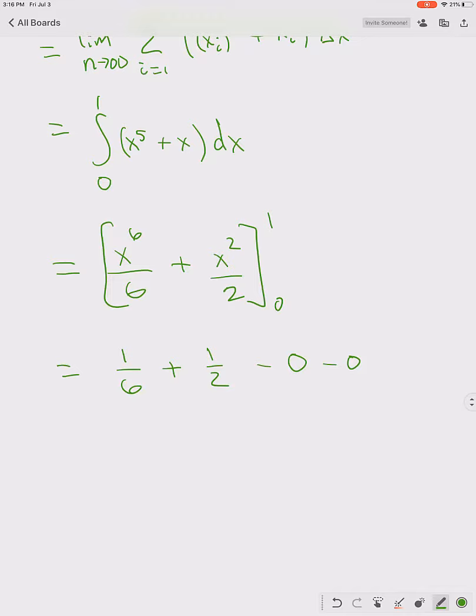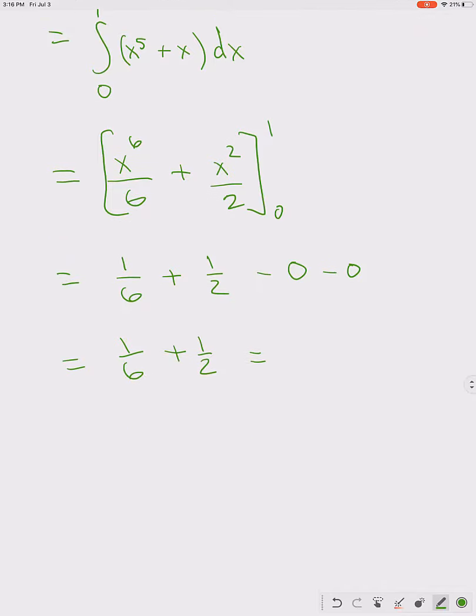Put in the 0 for x, it would be 0. So that is 1/6 plus 1/2, which is the same thing as 1/6 plus 3/6, which is 4/6, or the same as 2/3.